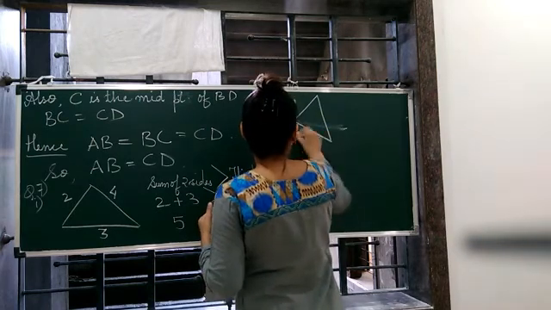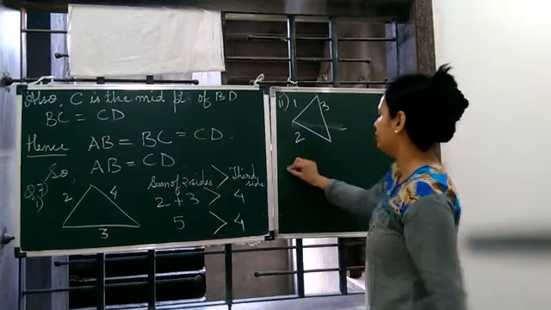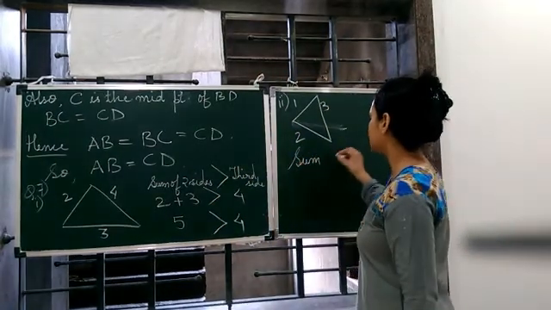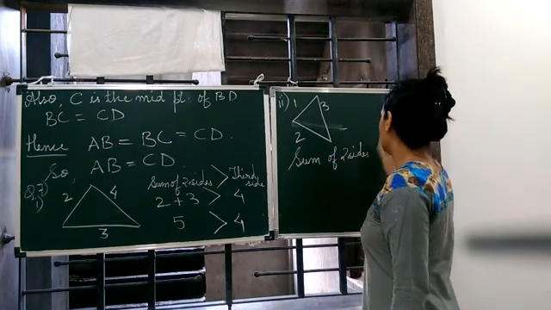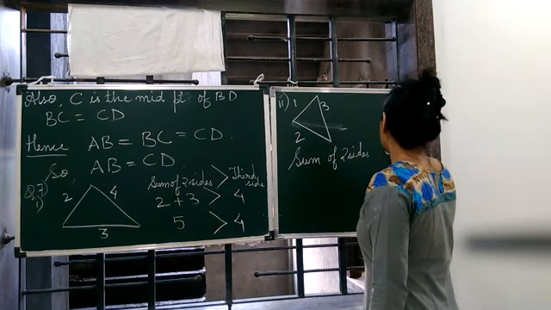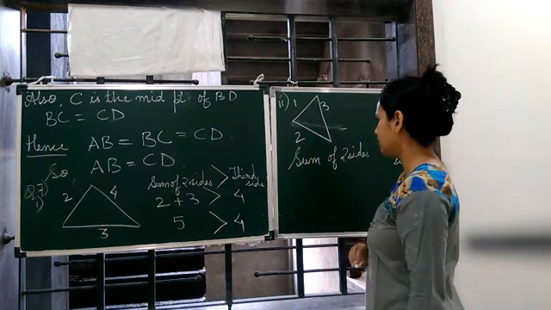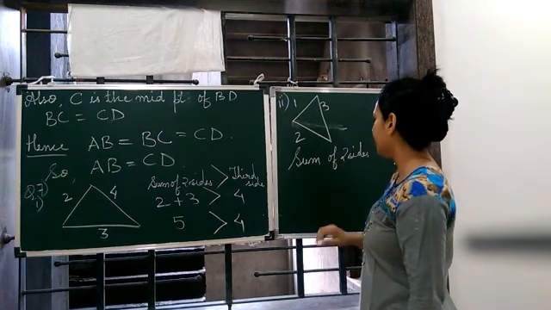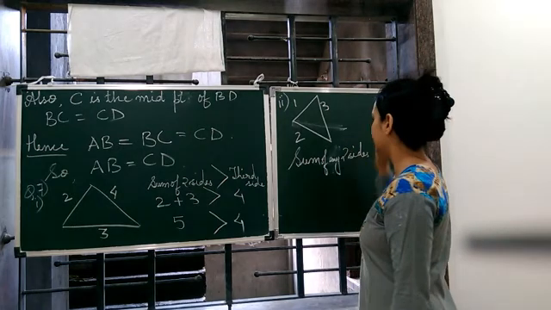This is 1 centimeter, this is 2 centimeter, this is 3 centimeter. Okay, so what we have to do? Sum of any two sides we take, and here will be the third side. Okay, so this time we take these two. Let me write: sum of any two sides.